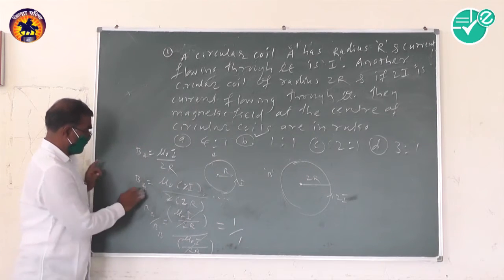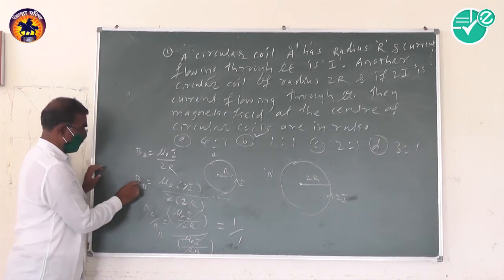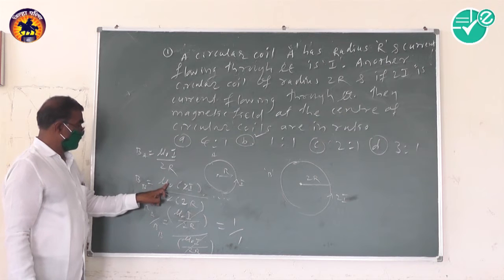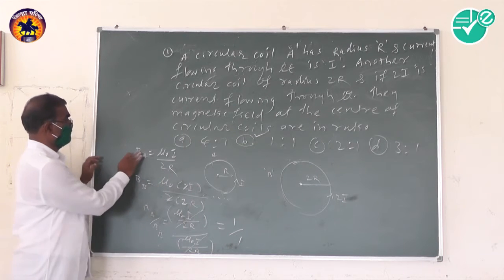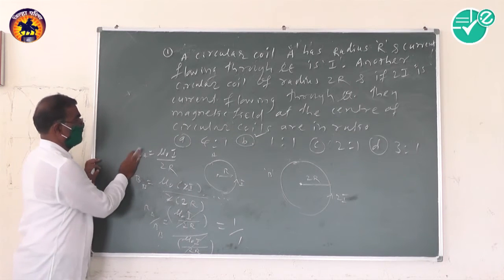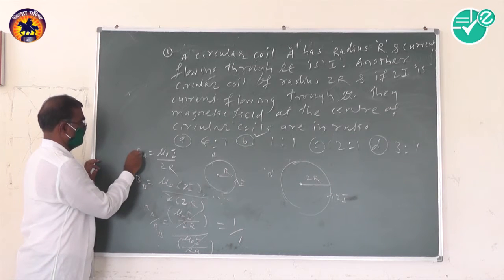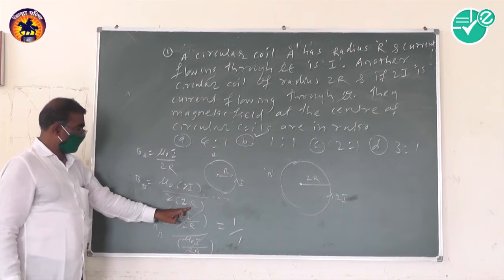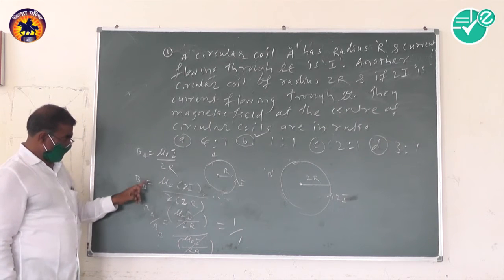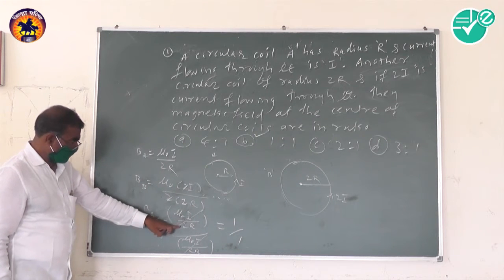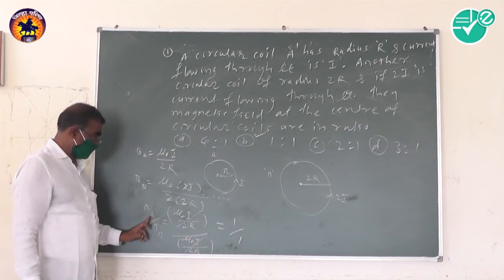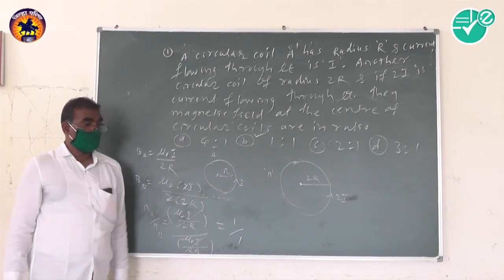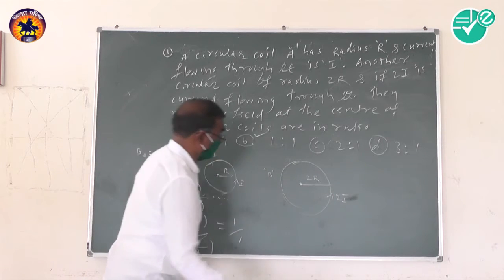Therefore, BB is mu 0 I upon 2R, and mu 0 I upon 2R get cancelled. Therefore, 1:1, the second multiple choice is correct.